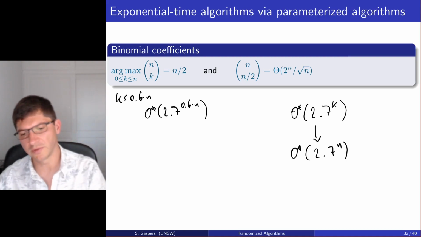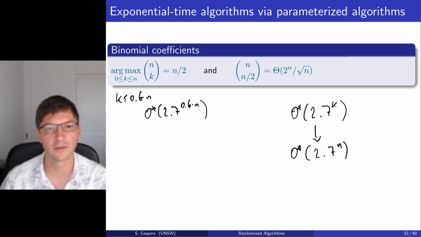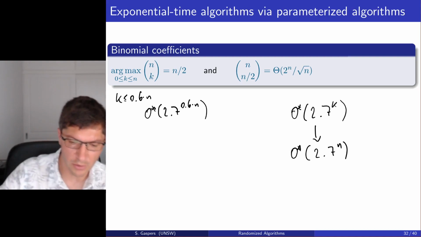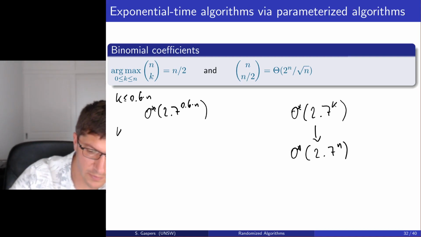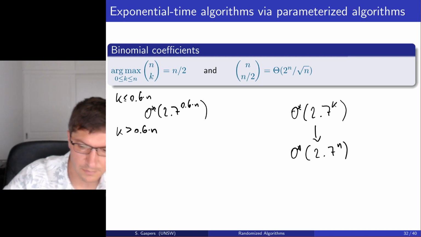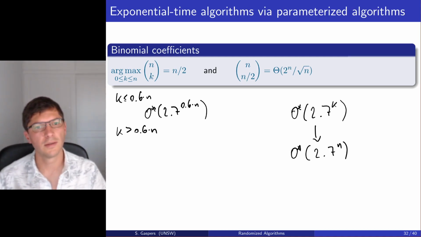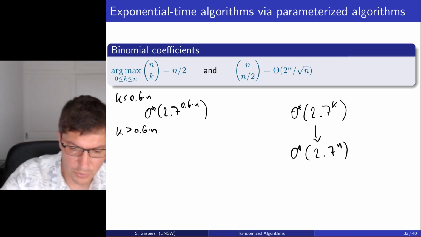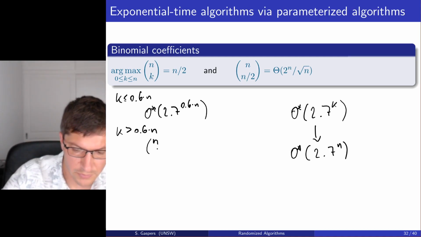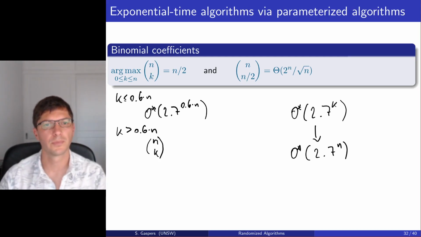I'm pretty sure that 2.7 to the power 0.6 is less than 2. So this is good. But now what if k is more than 0.6 times n? Then we just do the brute force algorithm. So we just do an n choose k time brute force search.